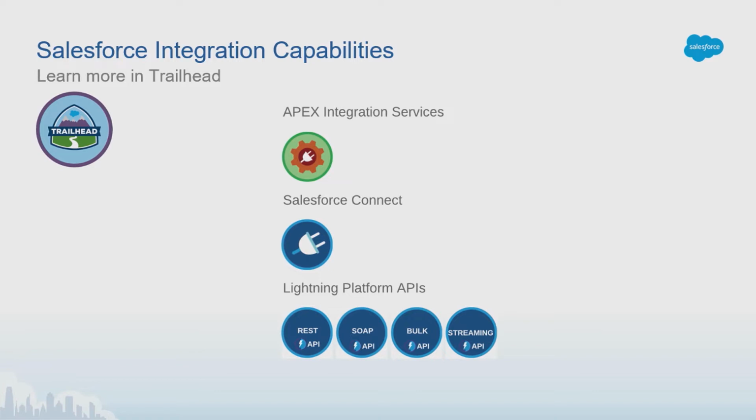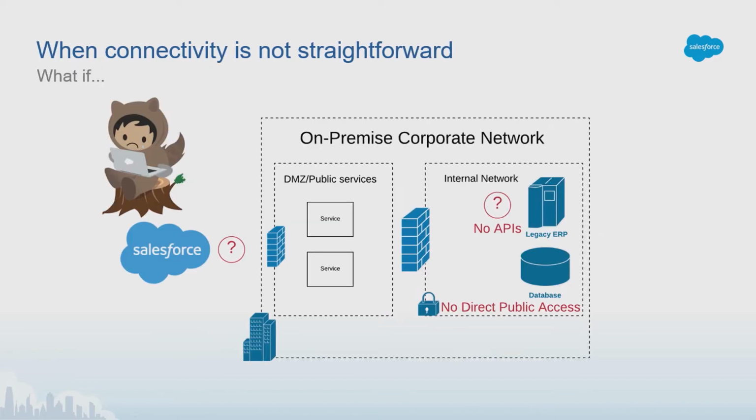So you're ready to start developing your awesome user experience, and what happens? You find out that in the backend, probably your legacy systems don't have APIs, or your data sources are not allowed to be accessed publicly, right? So you need some public services there. So what do you do next?